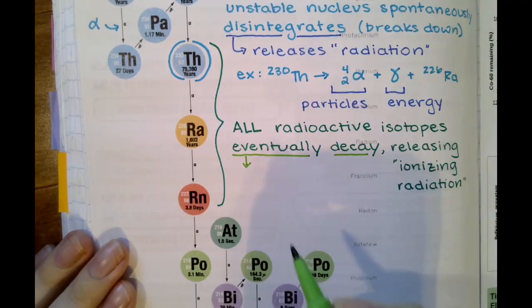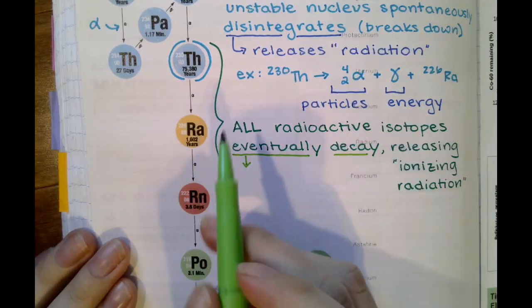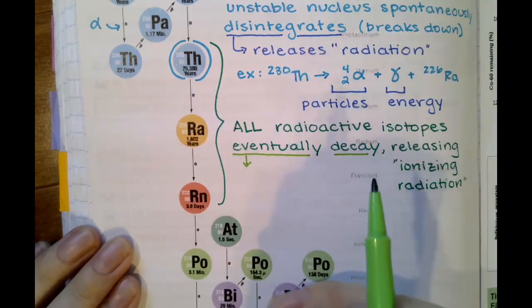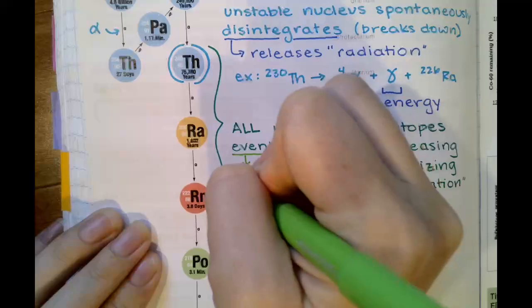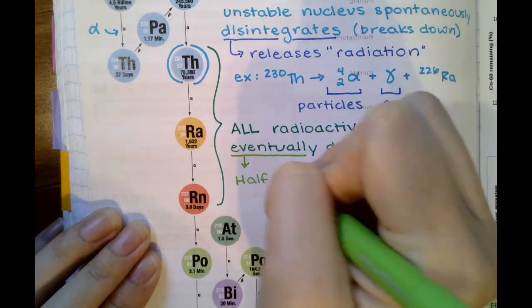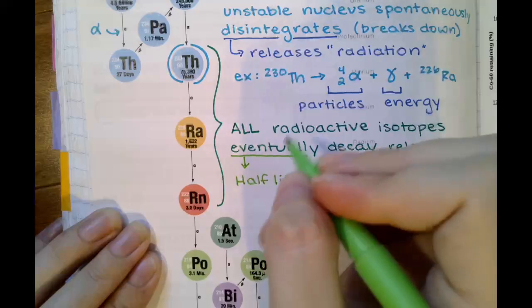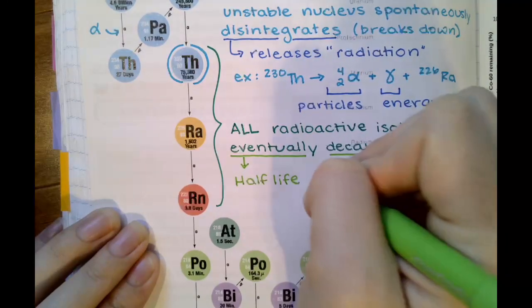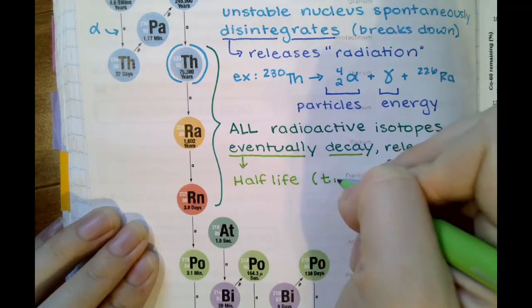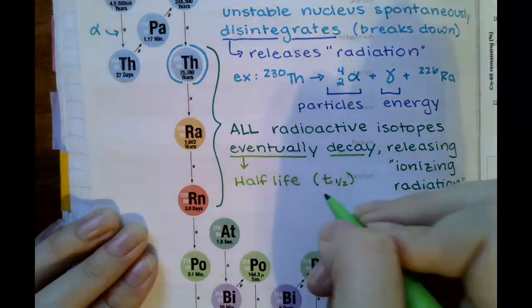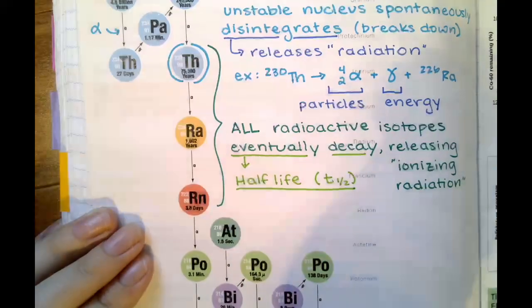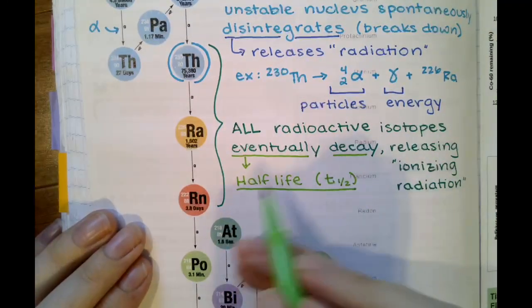Half-life is the time required for half of however much of the starting material we had to decay, releasing that radiation. So let's add that. Okay, our abbreviation for half-life is T, lowercase, with a subscript, 1/2. So if you ever see T 1/2 written like that, it means half of the time, or in this case, half-life.